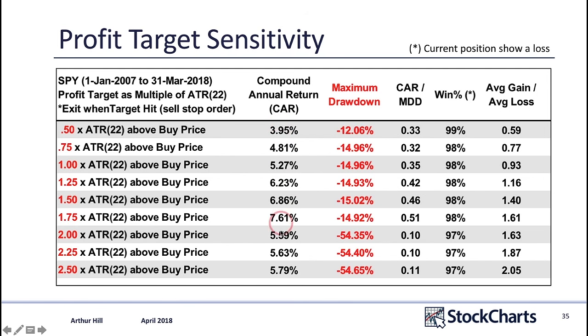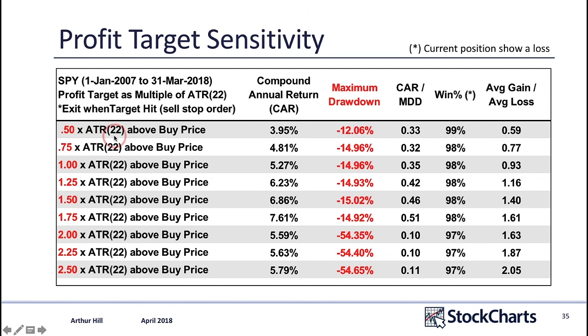What we want to see is a compound annual return that gets close to the maximum drawdown, and ideally greater than it, but that is really hard to do.